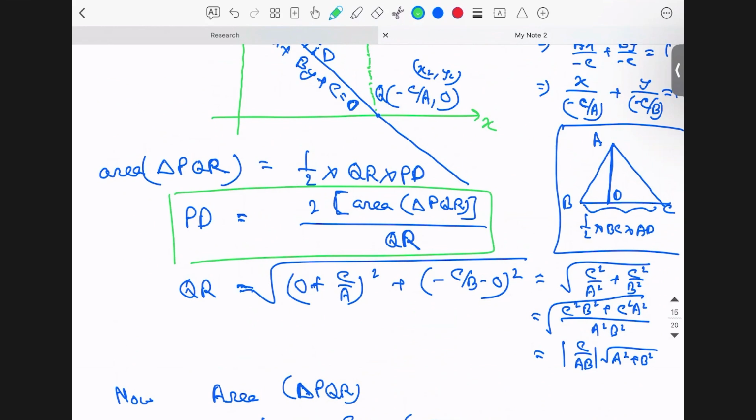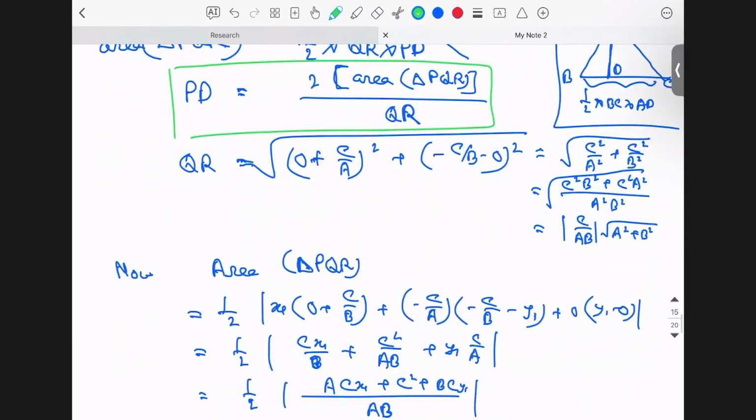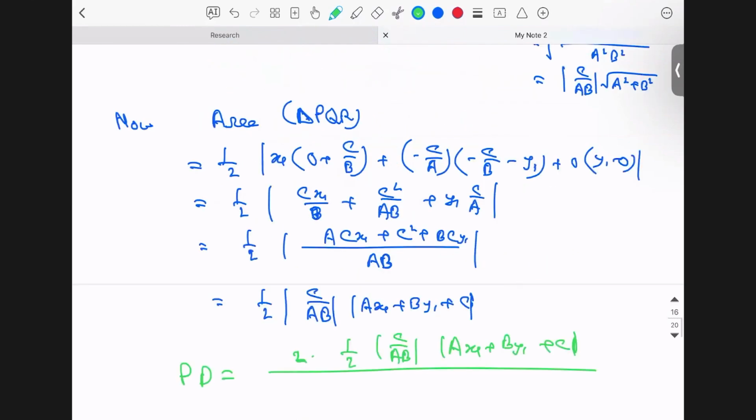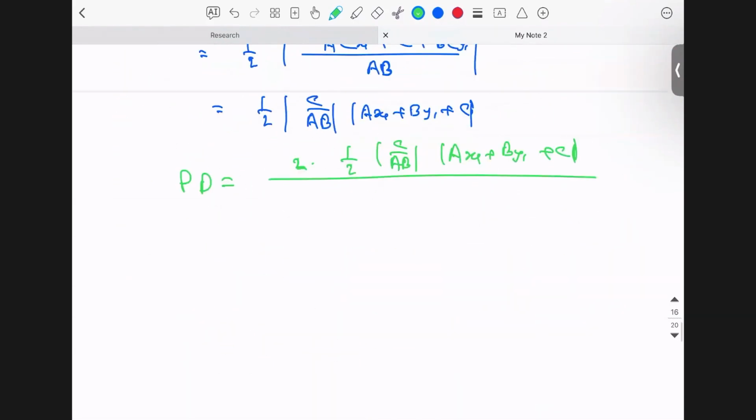Now put this in this equation. We know about QR, we know about the area of this PQR. Now put these values in this equation. What will we get for the PD value? PD equals 2 into half of C by AB mod of Ax1 plus By1 plus C divided by QR, which means mod of C by AB root over A square plus B square.